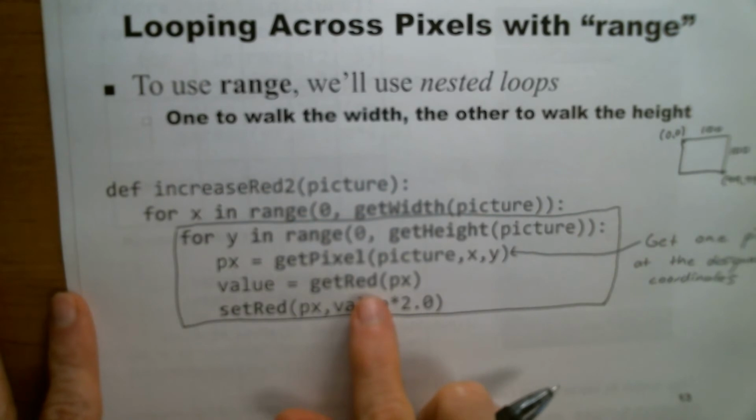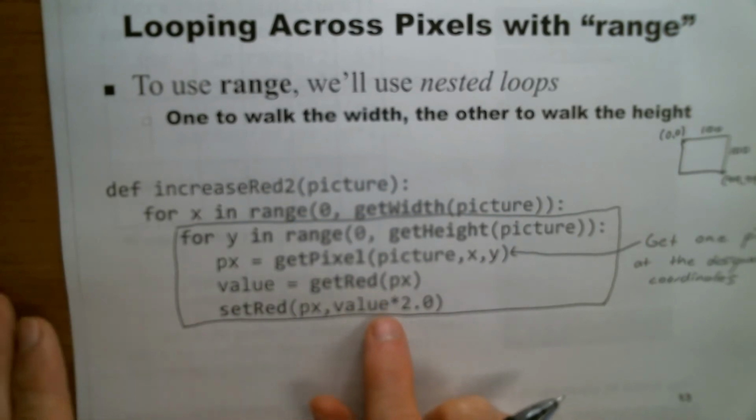And then this one is getting the red value. Once you have the pixel, we're getting the red value, and then we're doubling it. You've seen this sort of thing before.